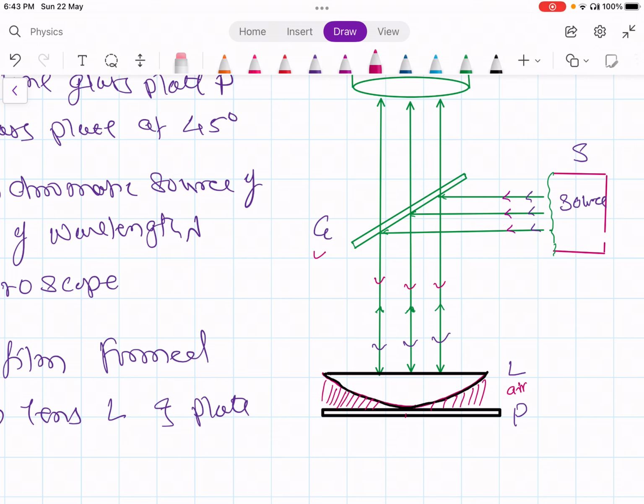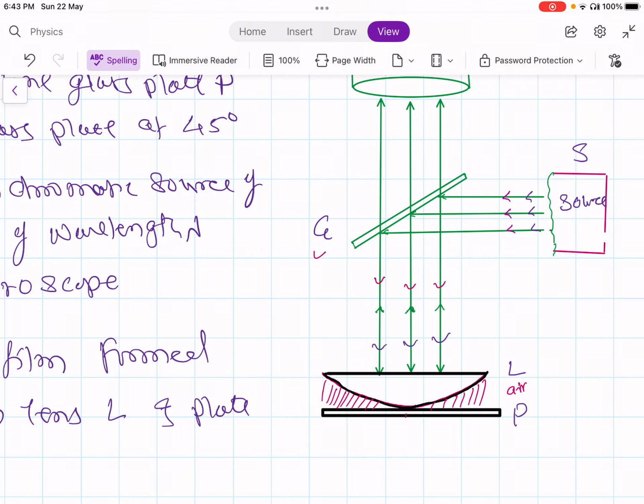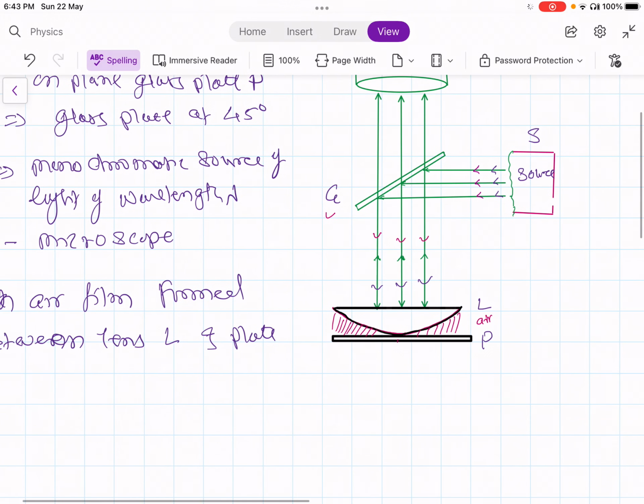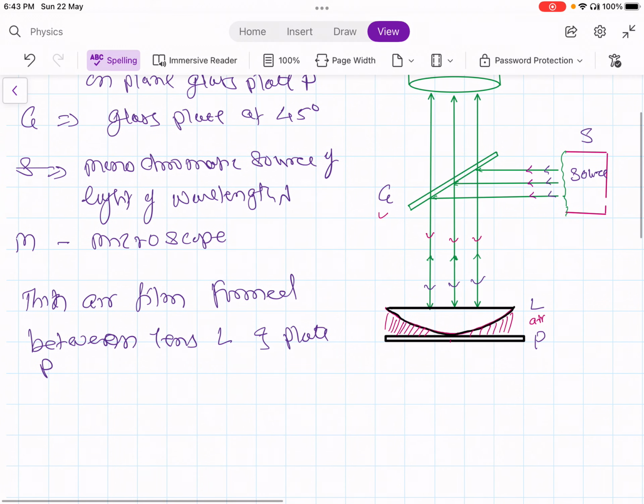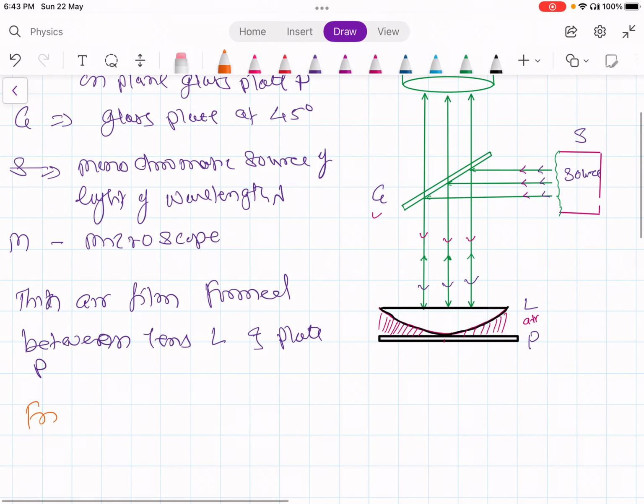And then the fringes are observed in the microscope.